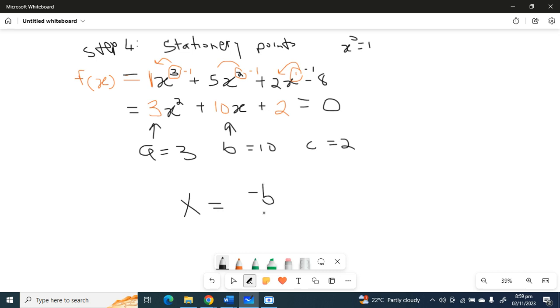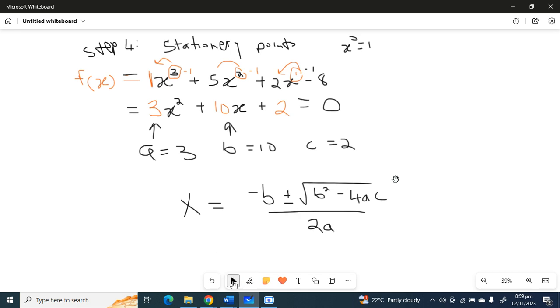So the quadratic formula: x equals negative b plus or minus the square root of b squared minus 4ac, over 2a. So we just substitute.